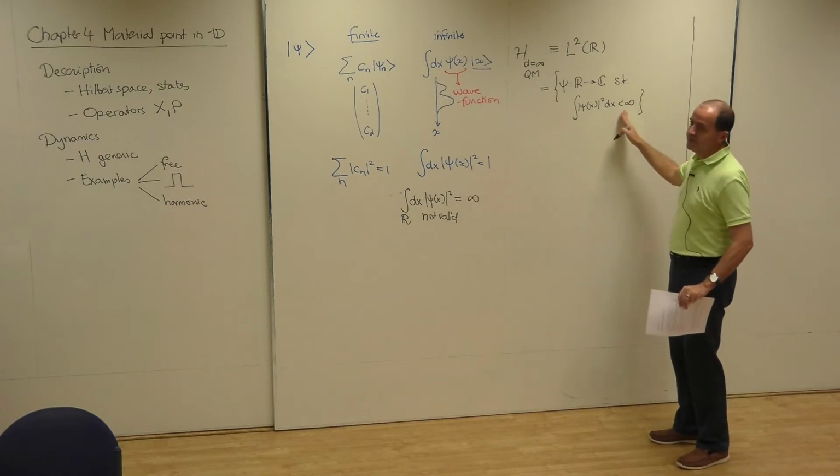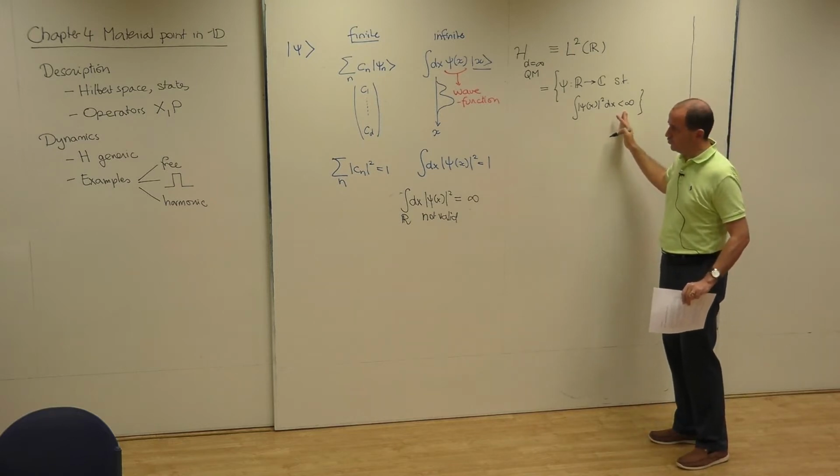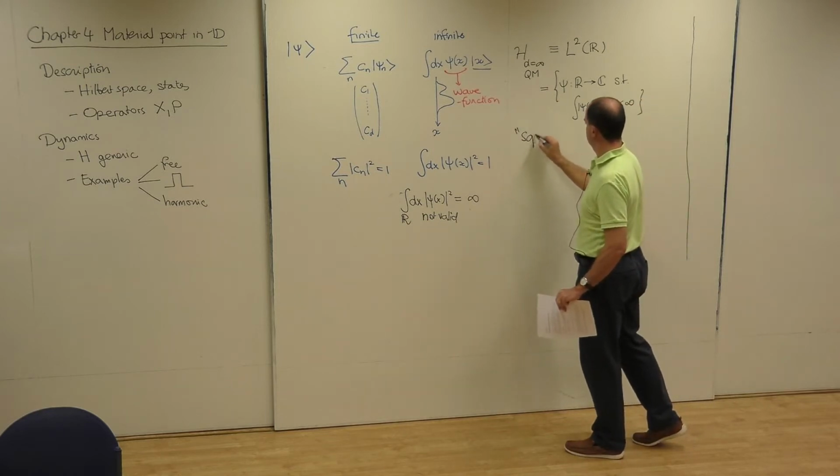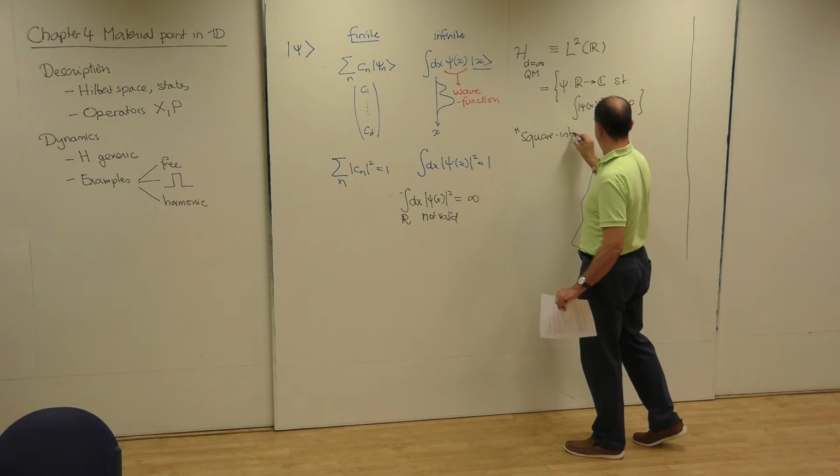If it's smaller than infinity, I can always later normalize and take those that are normalized correctly to 1. So these are called the square integrable functions.